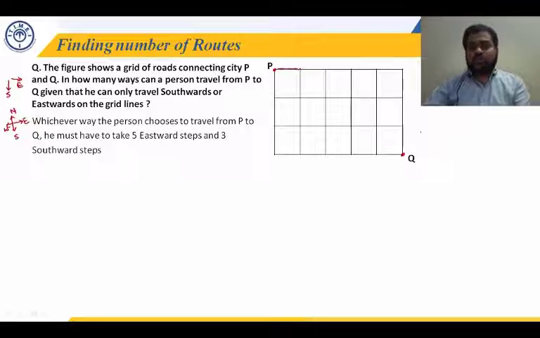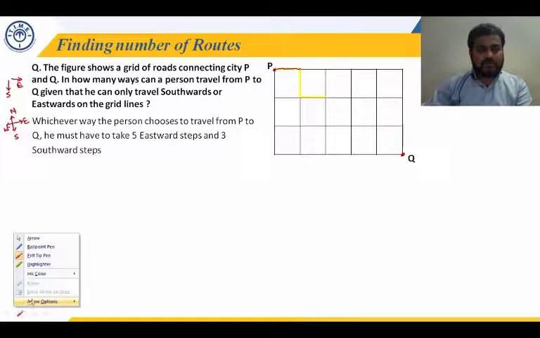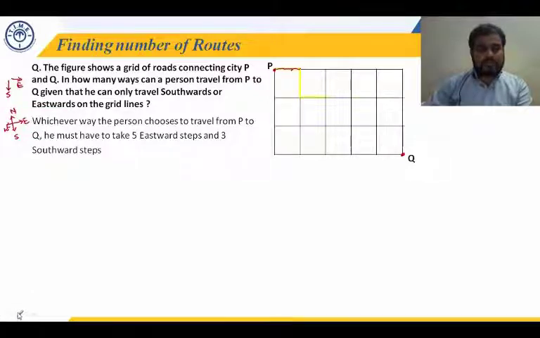I'll just show you in this figure itself one way. So this is one way. Look at this yellow line. Some part of this yellow line is not visible, so I'll just erase it so that you can see it clearly.